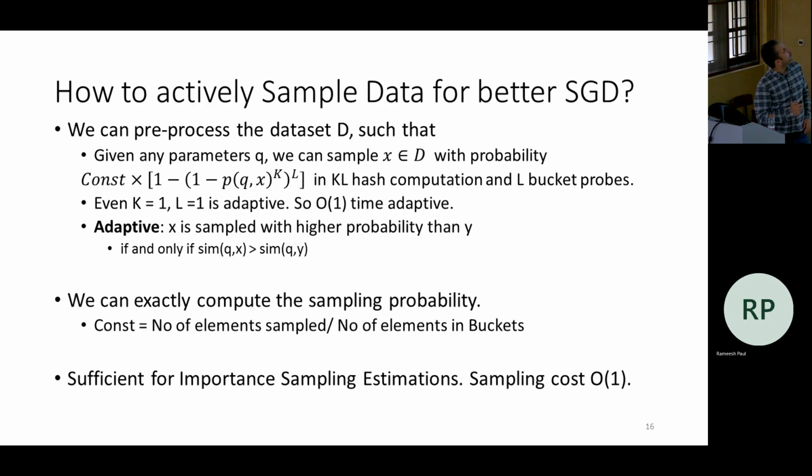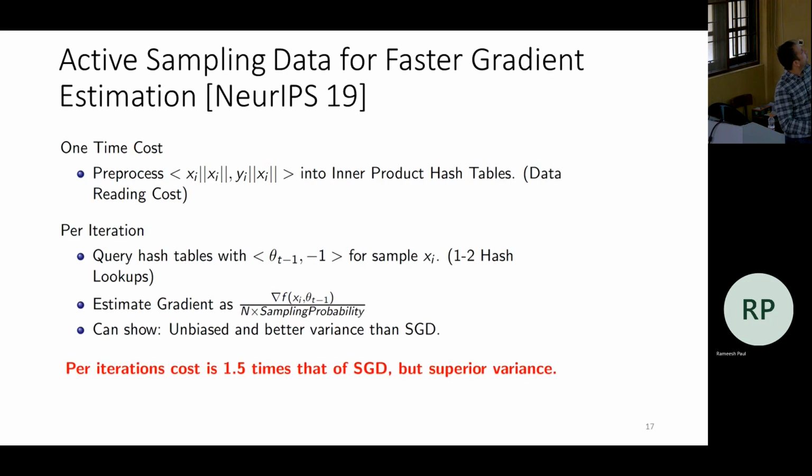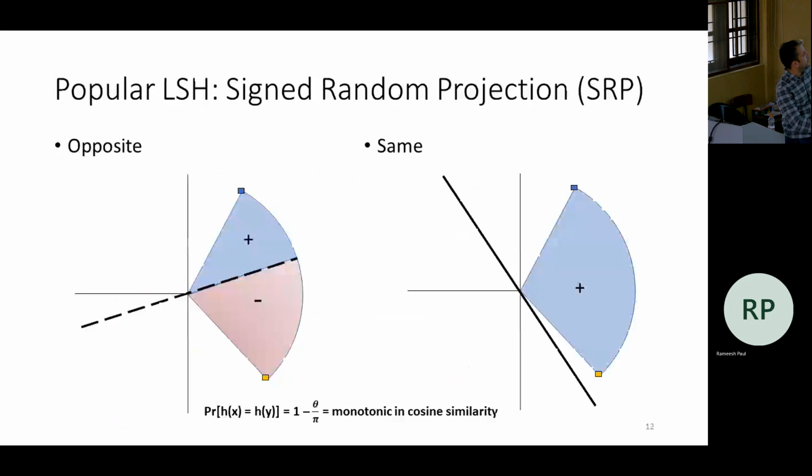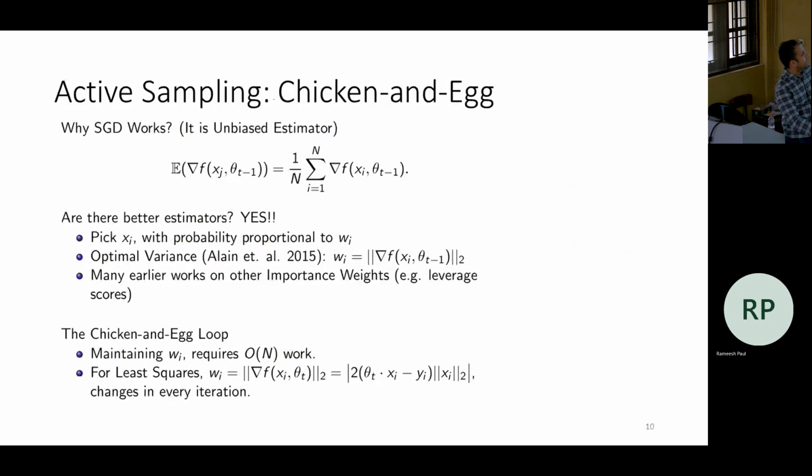So let's come back to the problem of SGD. Remember, we want to sample in which, so look at this expression here. This is theta t, so you can take out this norm and decompose it as theta t times 1 in inner product with xi and yi.